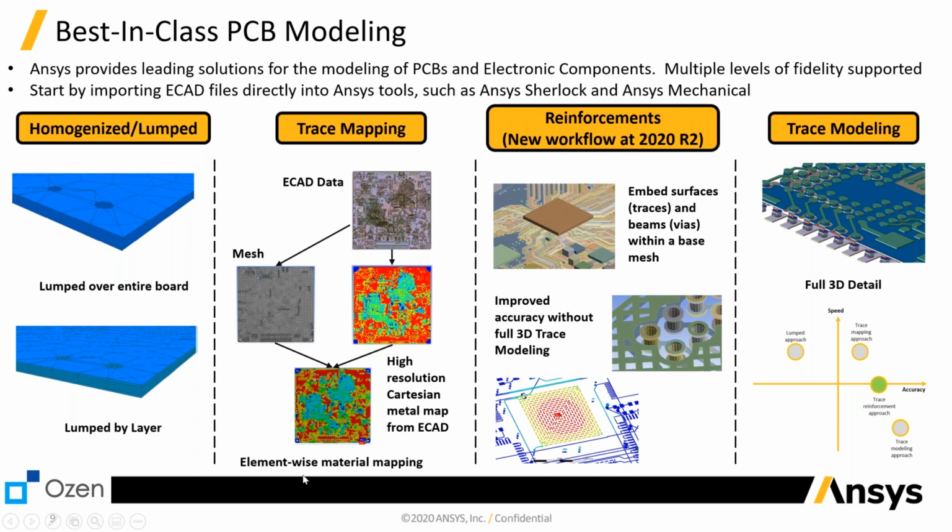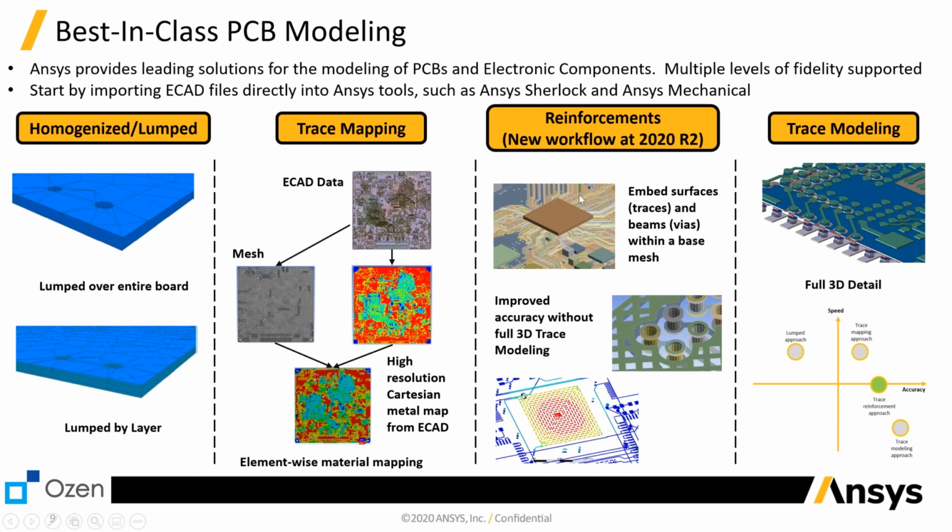So this is what we call element-wise material mapping. And that's another solution. And as you see here on this chart, the trace mapping approach, which is this approach over here, it is fast, and it's more accurate compared to the lumped approach.